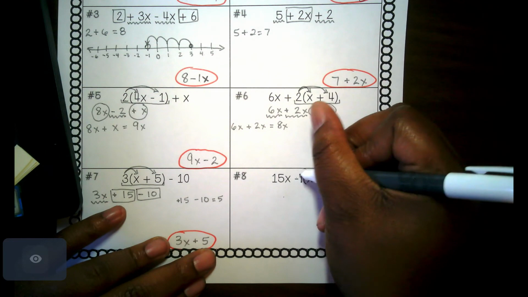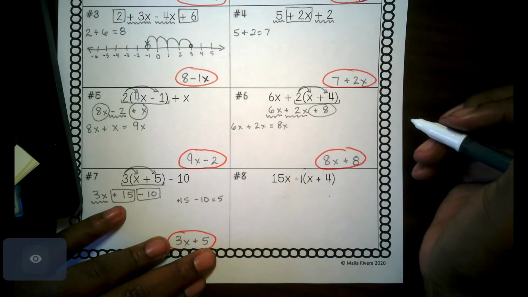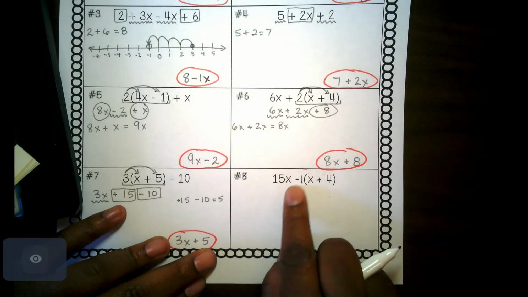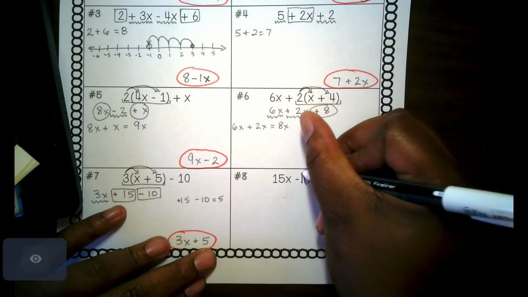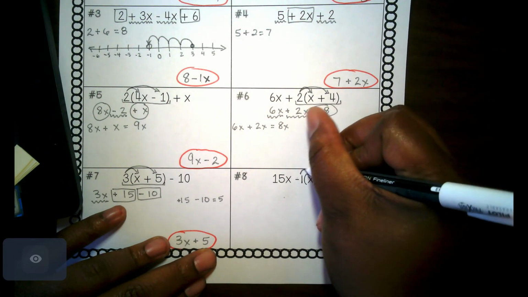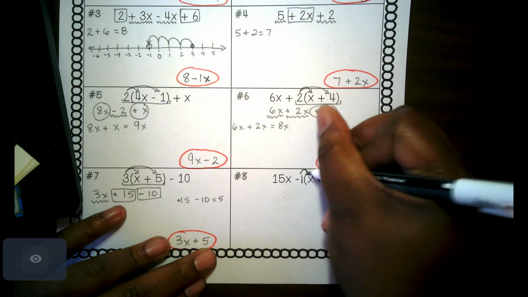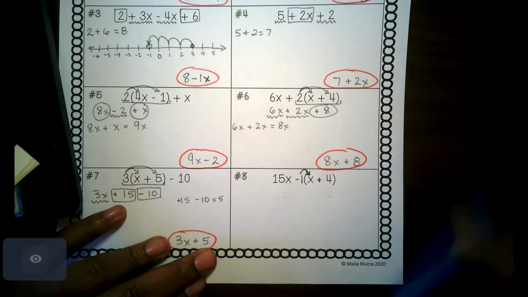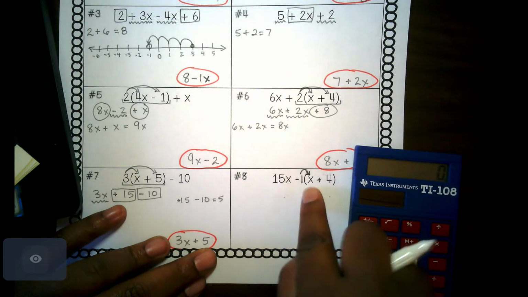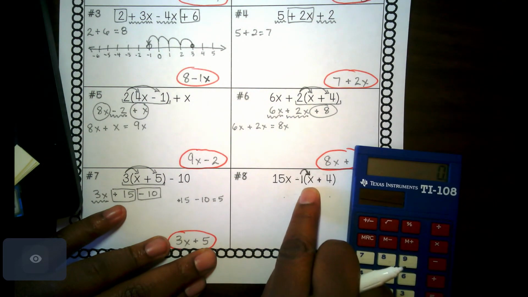So some of you may be like, what the what? I am going to distribute this negative 1 to this x, and this one is meant to give you a little bit of a challenge. So I'm distributing this negative 1 times the x, and notice there's no coefficient in front of that x, so it's just a 1.